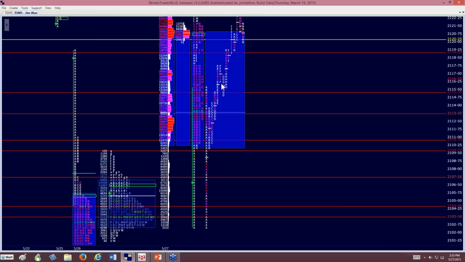F period was what, only 7 wide? G was very wide. Finally, H breaks out, and then I period goes for 5 ticks. 5 ticks in I period up there. So this was not a day for me. I was wanting to know if anybody had the pill for the deer in the headlight in there.